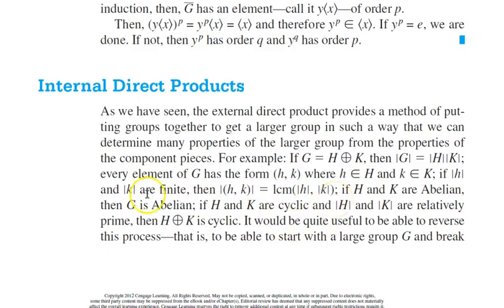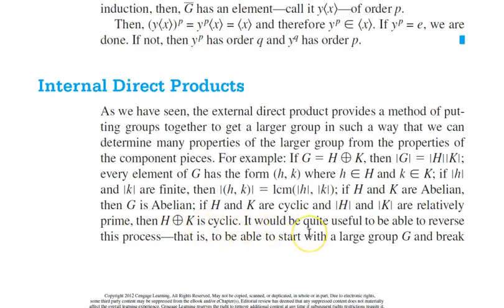If H and K are abelian, then G is abelian. If H and K are cyclic and the orders of H and K are relatively prime, then the external direct product of H and K is cyclic.